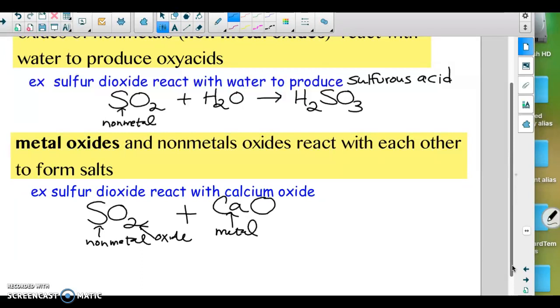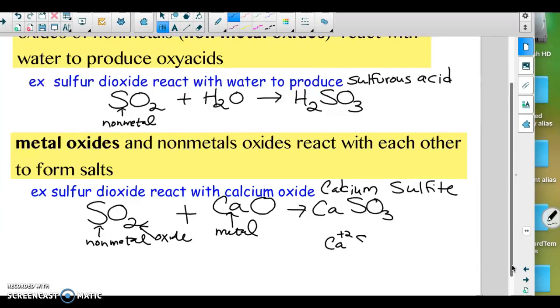And the salt here would be calcium sulfite. So you end up with calcium and the polyatomic ion sulfite. And balancing charge has already been done because calcium is +2, sulfite is -2.